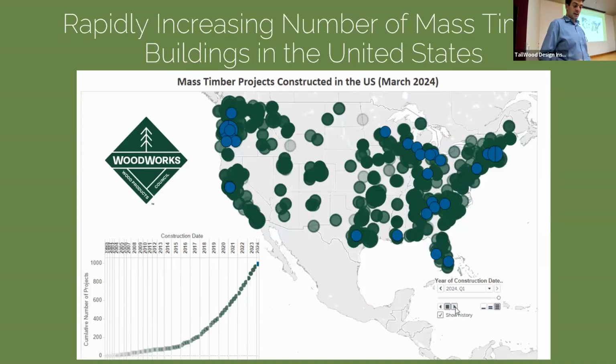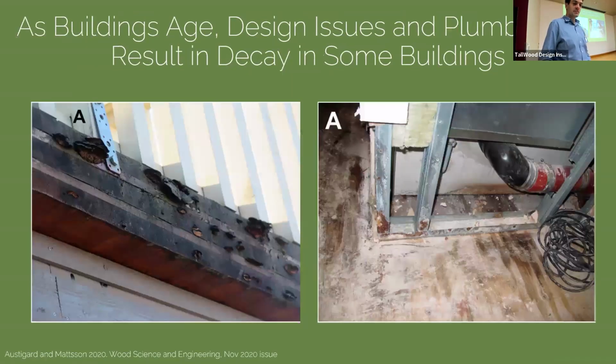And as these age, we're going to get a mixed population of things that have problems and things that don't, ultimately stemming from issues around design and then just buildings getting older, right? So I've got a couple of pictures from a European publication 5 years ago at this point, where they went through and identified some problem areas.